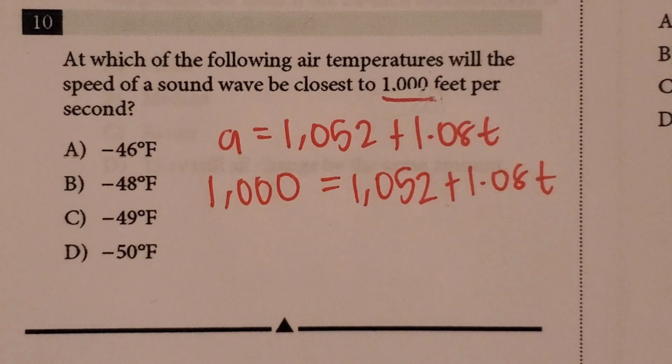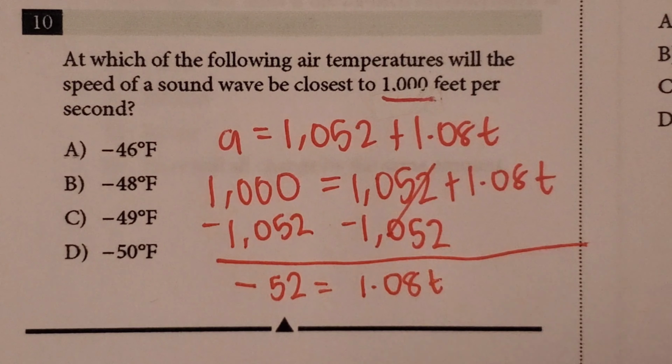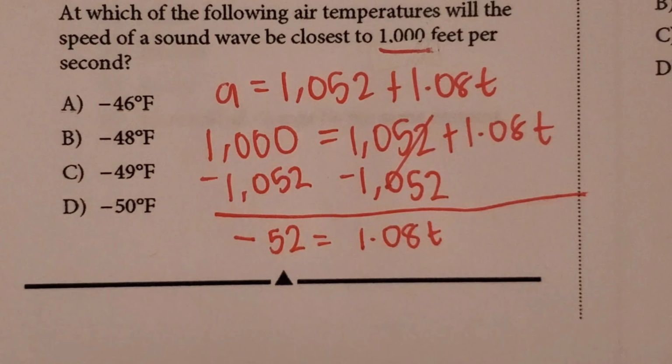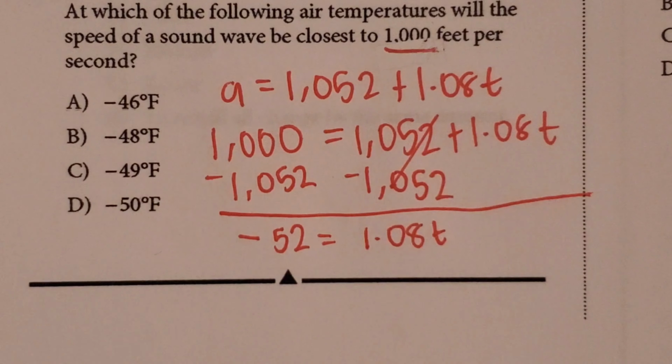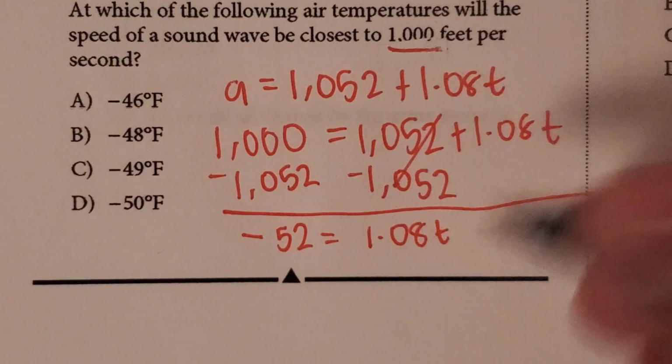What we need to do next is to subtract 1052 on both sides to isolate 1.08t. And that will give us negative 52. And lastly, to get t by itself, we're going to divide by 1.08 on both sides.